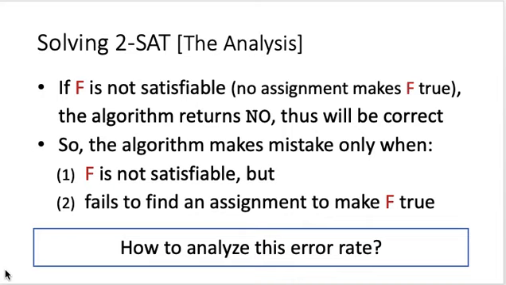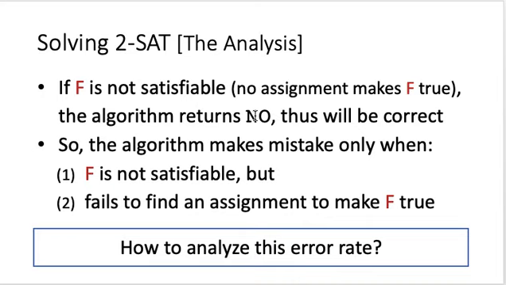Now let us analyze the performance of this two-SAT algorithm. First of all, if the formula f can never be satisfied, which means that no assignment could make f true, then the algorithm always returns no. The reason is that we are always testing an assignment for f, and none of them could ever make f true.